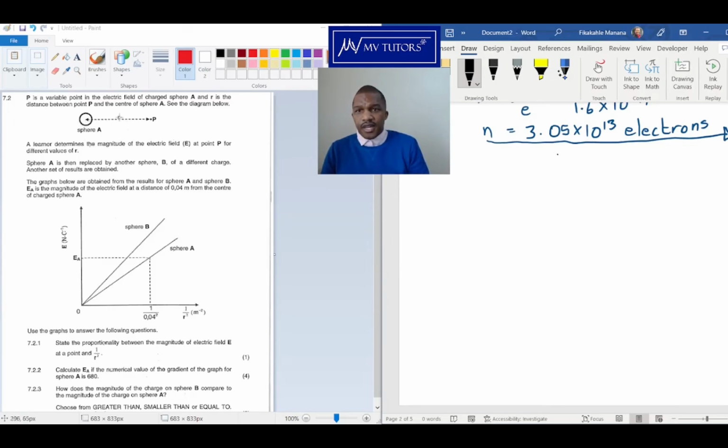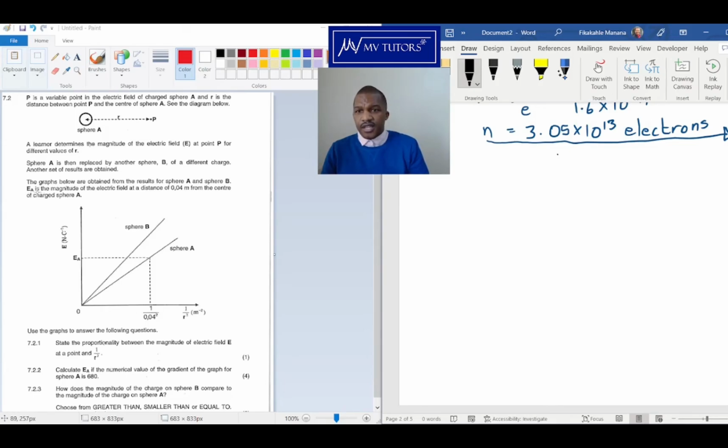So there's sphere A, that's the distance, that's P. A learner determines the magnitude of the electric field at point P for different values of r. Sphere A is then replaced by another sphere B of a different charge. Another set of results are obtained. The graphs below are obtained from the results of sphere A and sphere B.